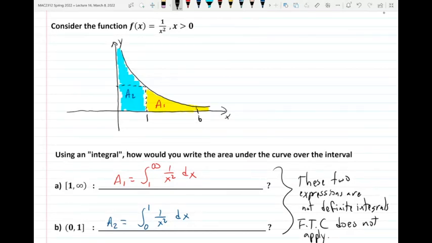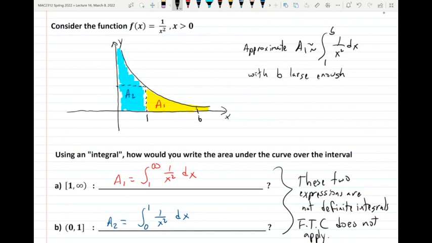So A1 is approximated with the integral from 1 to b of 1 over x squared dx, with b, of course, bigger than 1. Let me just say large enough. So we're just going to calculate the integral from 1 to b.